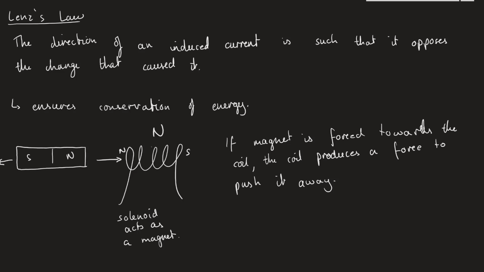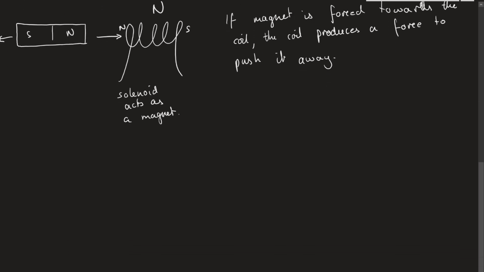Now, if we say that we overcome this force, or we can push for long enough that we get a constant velocity, we reach a terminal velocity, and it gets inside the coil, so it's inside the solenoid, so let's say the bar magnet is here, and this is originally the north and this is the south.